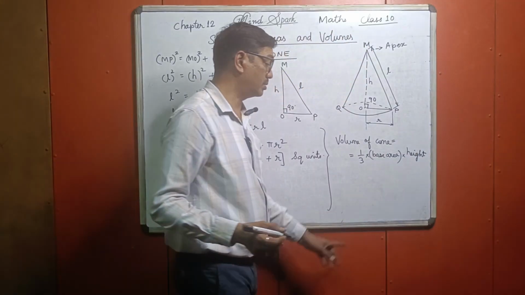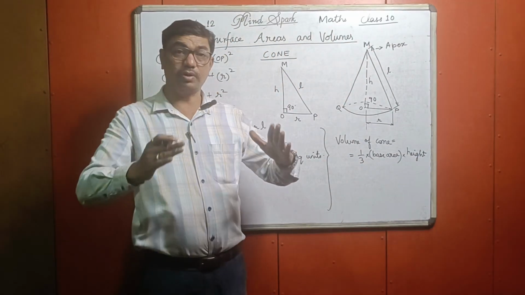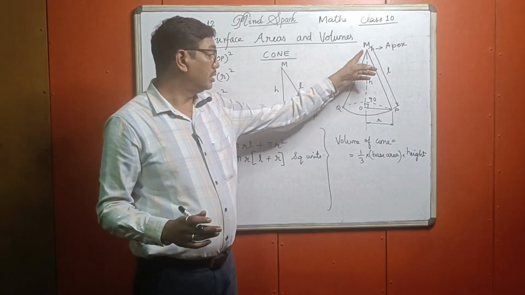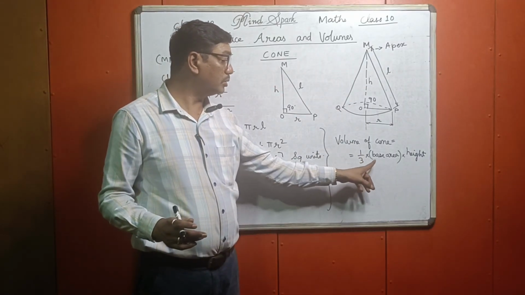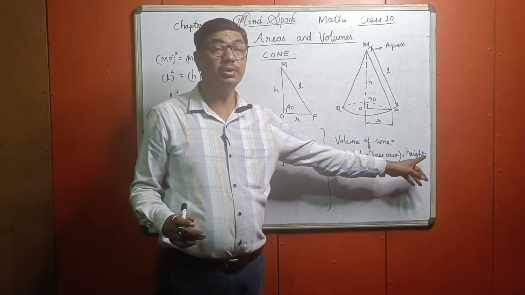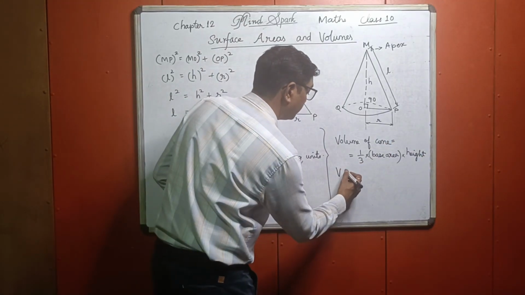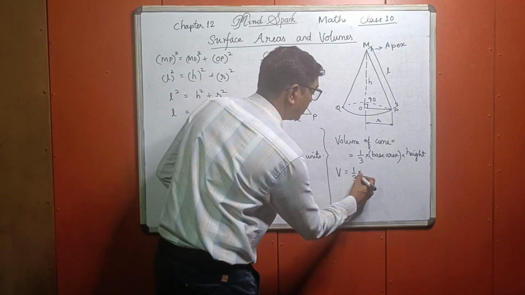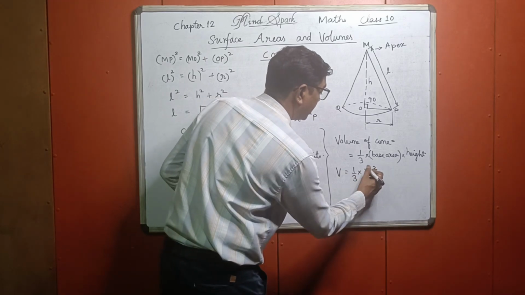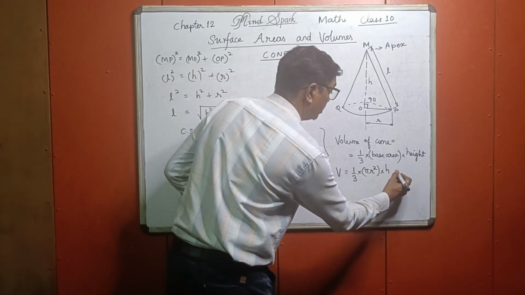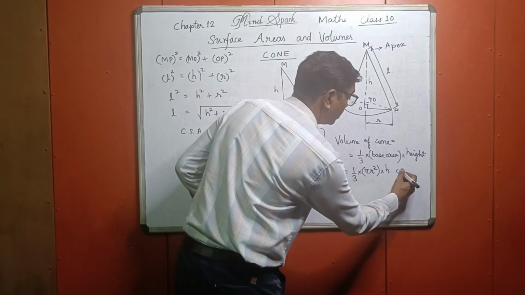Always remember this: whenever there is a pyramid or cone shape, then 1 by 3 into base area into height will come. So what is base area? Base area is pi r square into height. This is in cubic units.